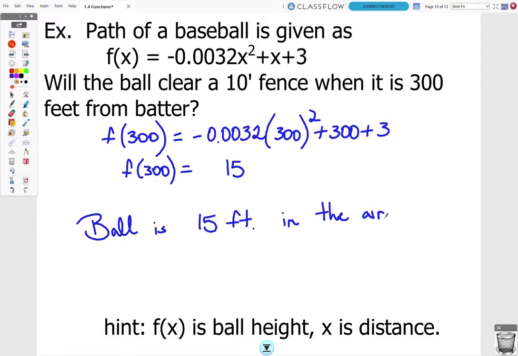Will it clear a 10-foot fence? The answer is yes. So it's all about interpreting the input-output values in this case. The path of the baseball, that is telling you the height of the baseball as it's traveling. 300 feet away, that's the x value. The height then becomes the y value. And 300 feet away is 15 feet in the air. It will clear the fence.